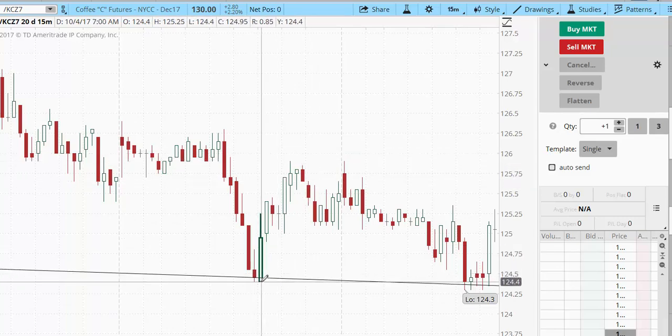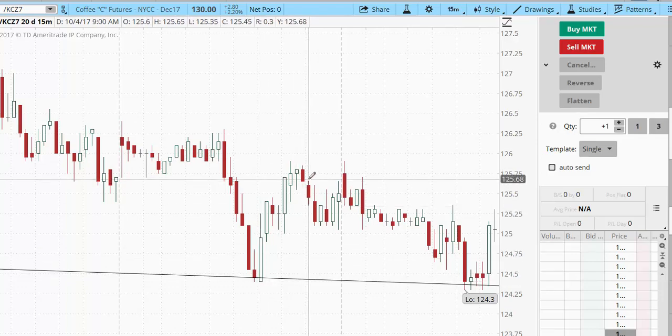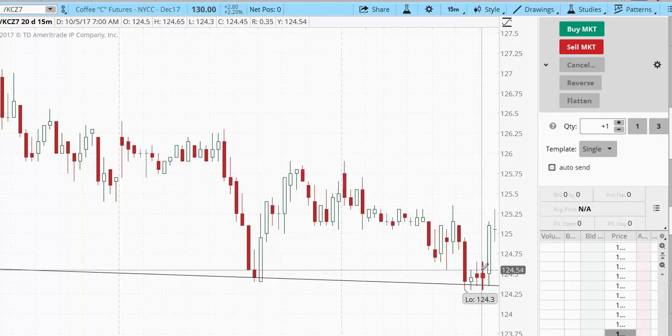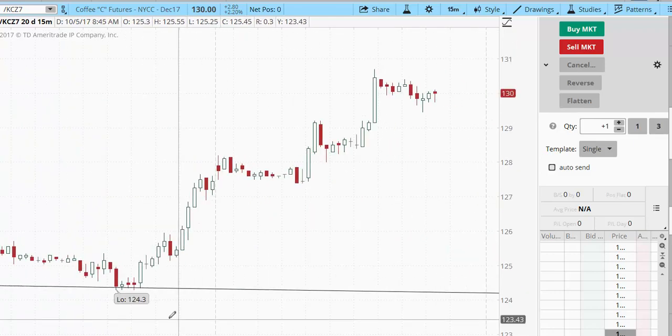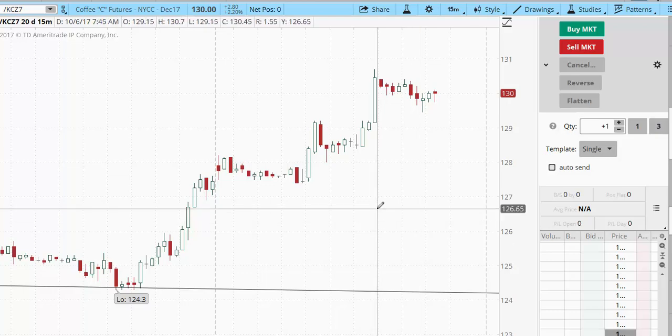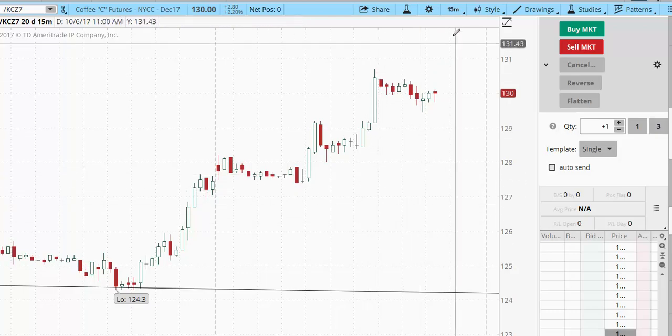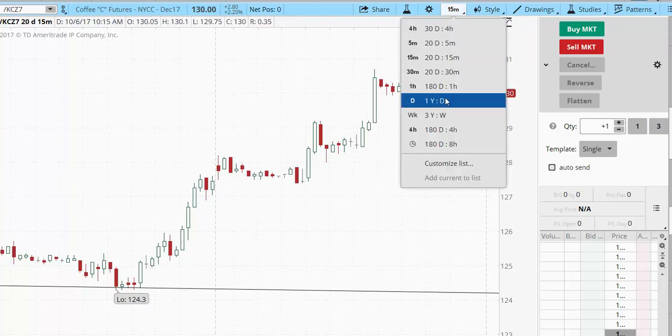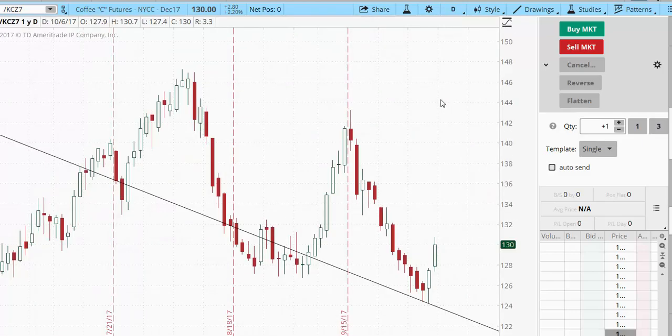Notice it went down, boom, bounced off, went up a little ways, and came back down, and now up we go. Now personally, I'm not long yet, but that's me at this point in time. There's a certain entry that I use that waits until it's gone up a ways and then comes back down for me to enter.